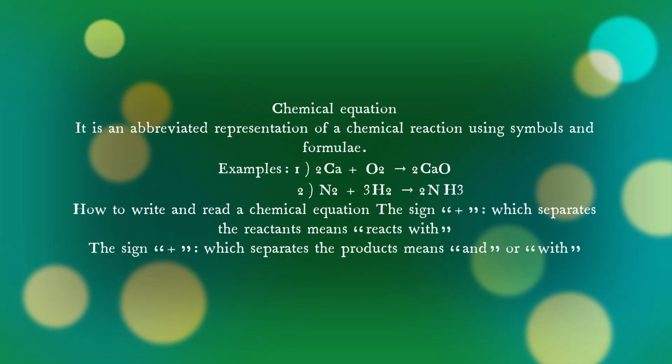Before continuing, I hope all of you are able to state the different examples of chemical equations, and also how to write a chemical equation in a good manner, which involves the state of matter and also the indices.